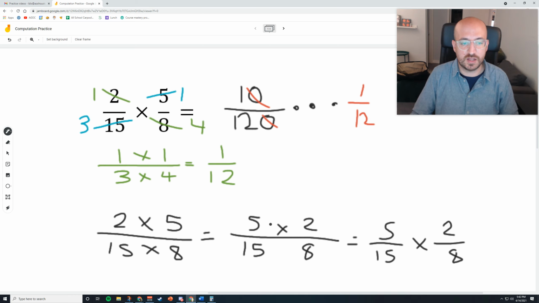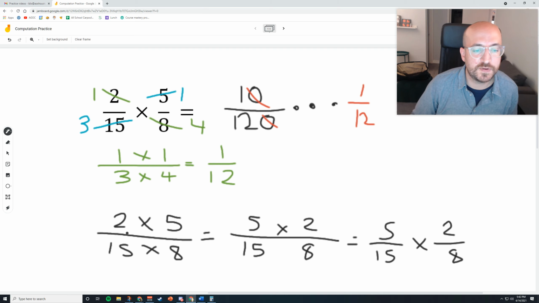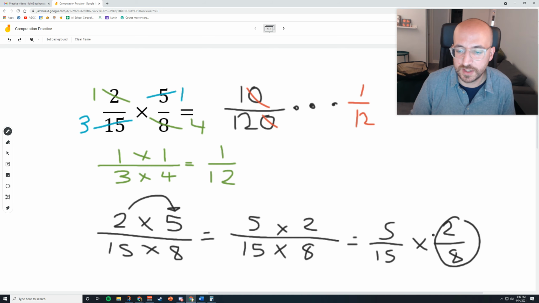All of these are equal. 2/15 times 5/8 is the same as 2 times 5 divided by 15 times 8. I can switch the order, right? 5 times 2 over 15 times 8. And then we just have 5/15 times 2/8. And that is 1/3 times 1/4.